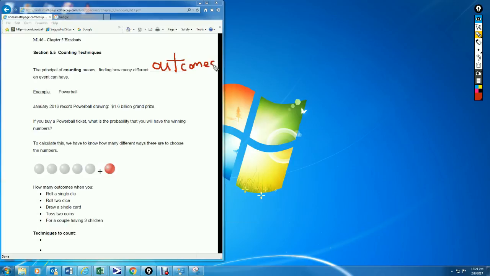For example, and this was a year ago, this was a Powerball drawing, and it had this crazy record prize, $1.6 billion grand prize. So the question that at the end of the section we will be able to answer is, if you buy a Powerball ticket, what is the probability that you will have the winning numbers? The only way to calculate that probability is to know how many ways there are to choose the numbers.